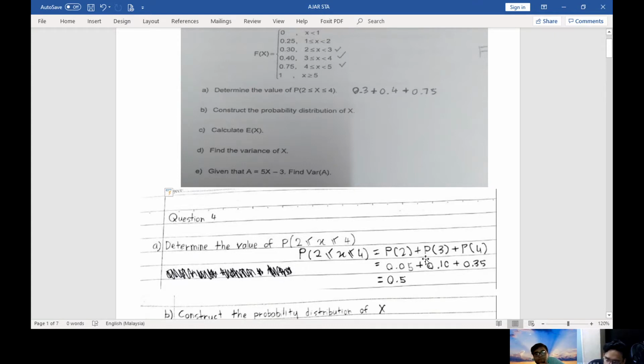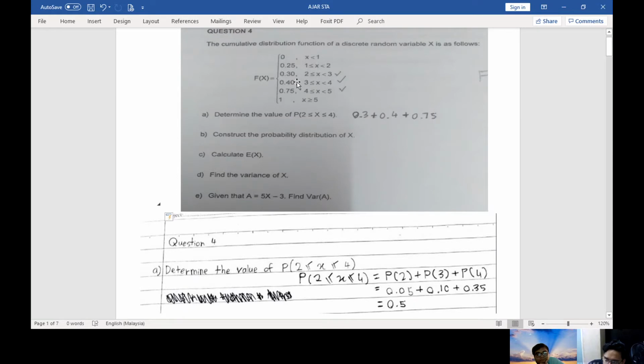So how to find P2? On this cumulative distribution, for x equal to 2, we find it here at 0.3. But this is cumulative distribution, so to find P2, you need to subtract 0.25 from 0.3.